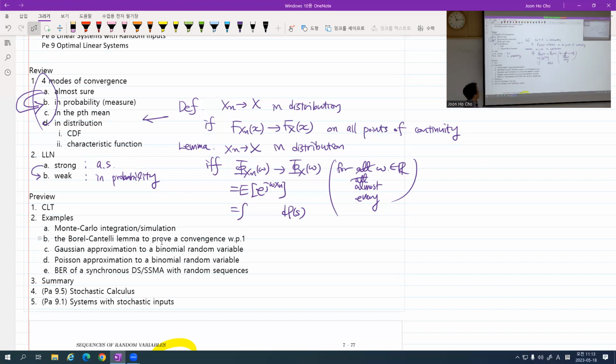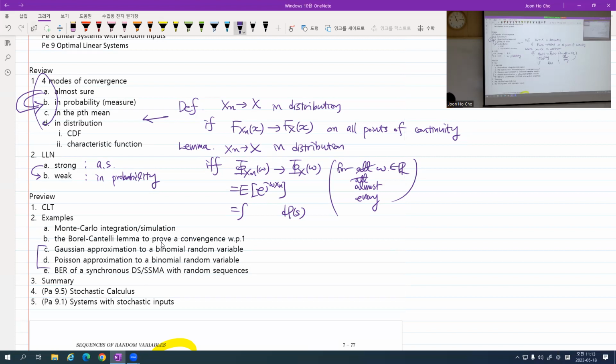Okay? And the third one and fourth one are related to the binomial random variable, and you've already seen them, I believe, in your undergraduate course. First one is the Gaussian approximation to a binomial random variable. And second one is the Poisson approximation to a binomial random variable.